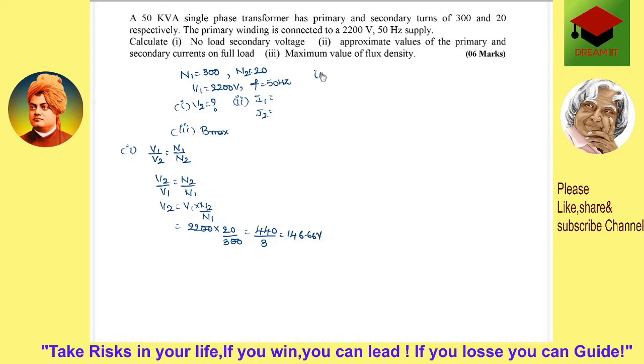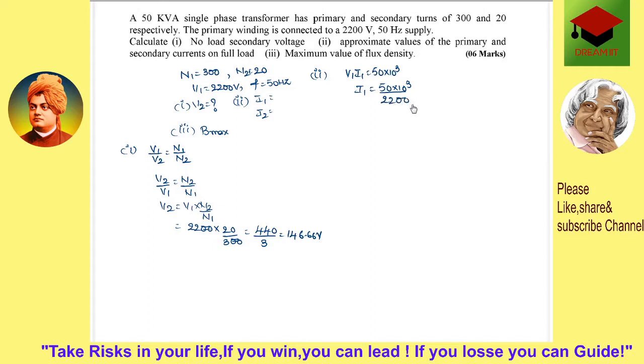And the second question, approximate values of I1. V1 I1 is given as how much? 500 kVA full load, that is 500 into 10 cube. So now you calculate I1: 500 into 10 cube divided by the V1 value, which is given as 2200 volts.